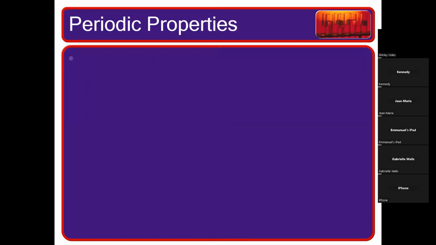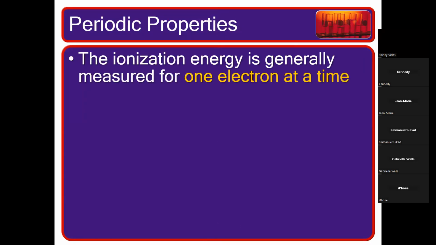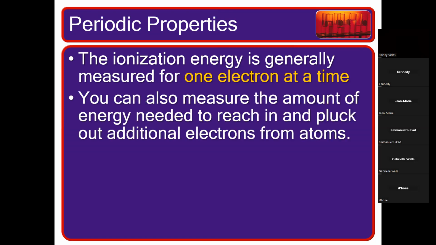All right. So the thing about ionization energy is those atoms that lose more than one electron are removed one at a time, not all three at once or not two at once, okay? So you can actually measure the amount needed after each removal.